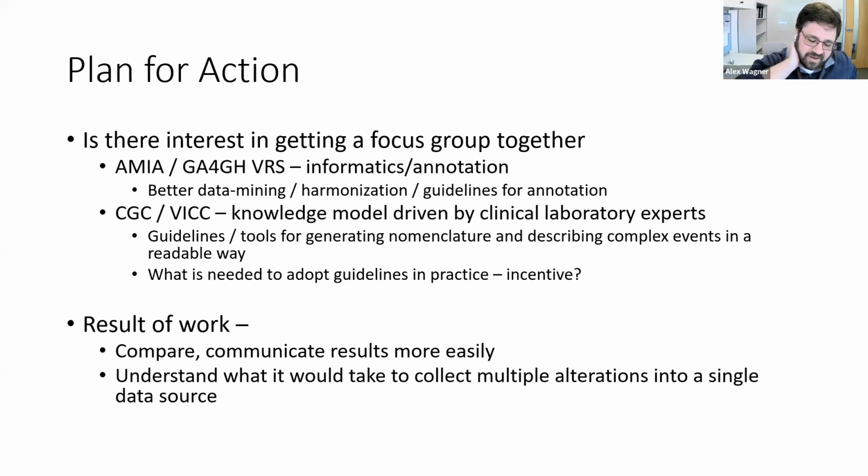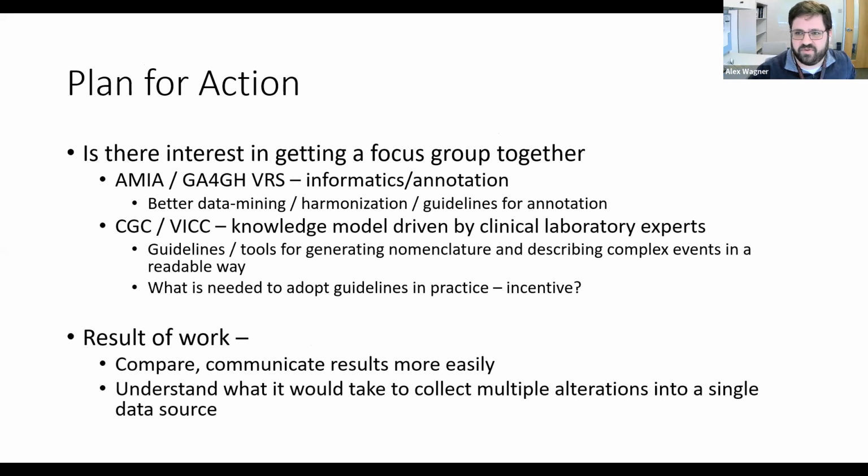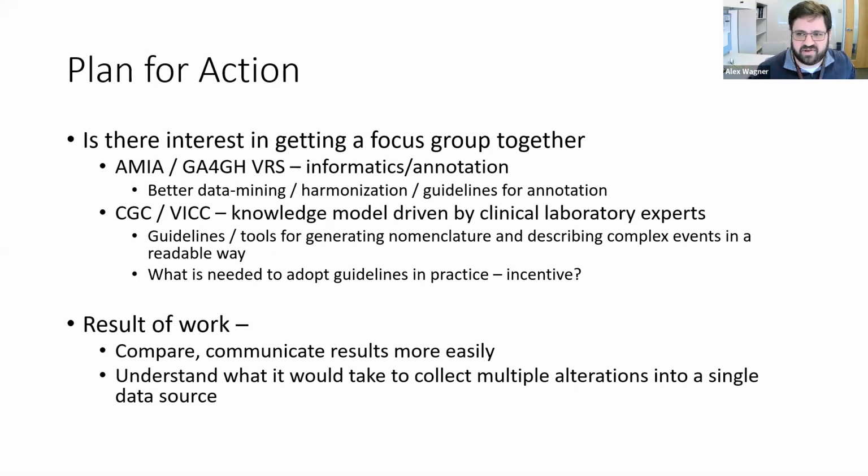I can contribute my thoughts. I think the notion of a structural variation focus group makes a lot of sense. For those of you that were at the GA4GH plenary, which was a couple of weeks ago, one of the big discussion points that came up during the GKS workstream call was this notion of SVs and SV representation.